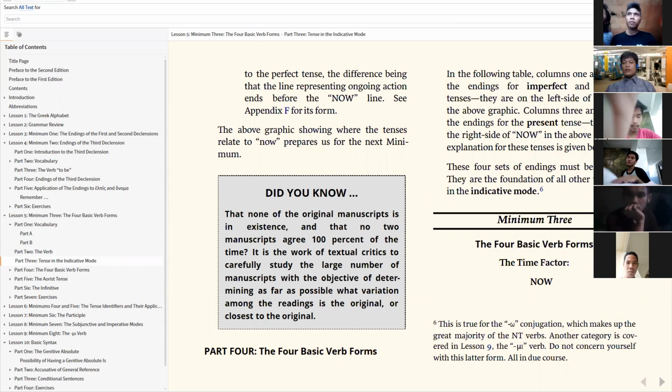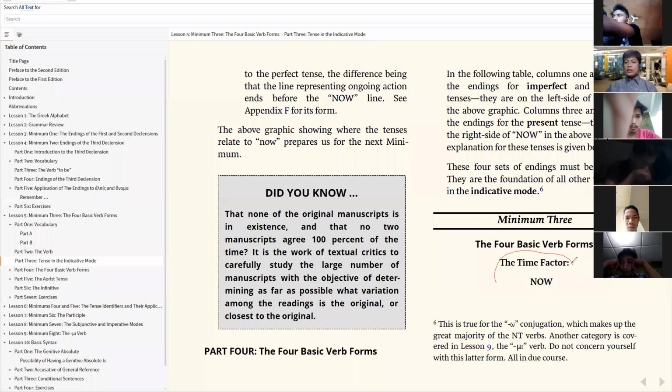Okay. Now we have the 4 basic verb forms. So we look at the table here about the four basic verb forms. Now take note, our time factor is the now, okay? The now.